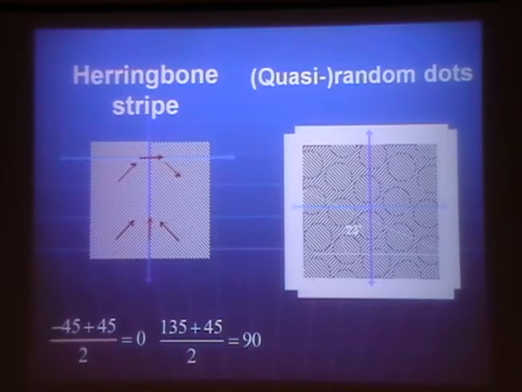As long as the domains are small, we can just use whatever domain patterns you like, as long as the symmetry or average is giving the same number. And this is a dot in uniform area pattern. This is just a herringbone structure.